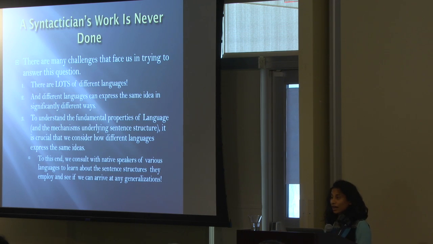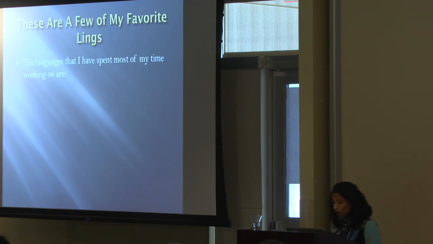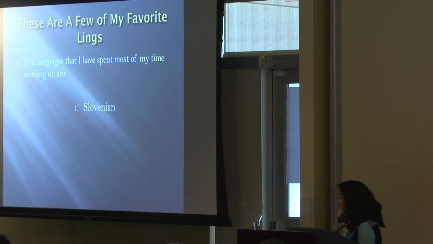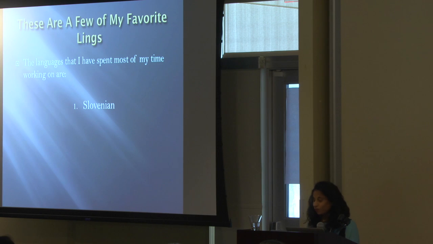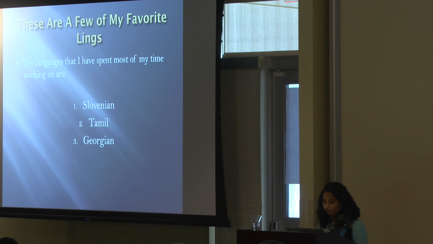So we look at various languages, and the languages that I've spent most of my time concerning myself with are Slovenian, which is a Slavic language, Tamil, which is a Dravidian language, and Georgian, which is a Kartvelian language. These are all from very distinct groups. They are genetically unrelated to one another, and they are typologically very distinct from one another as well.